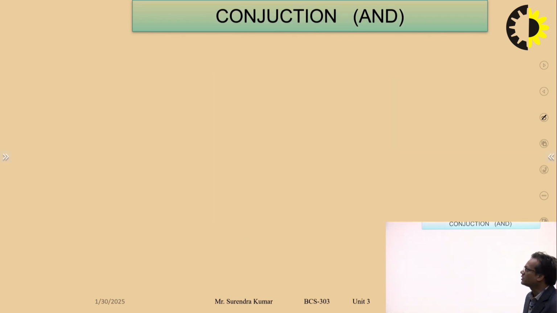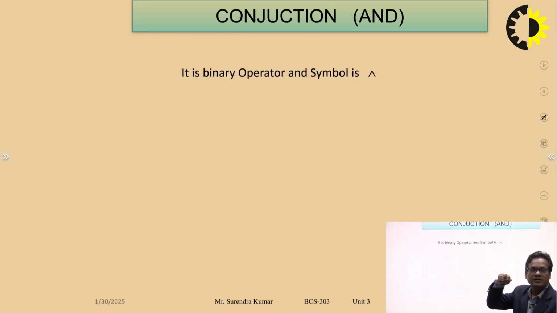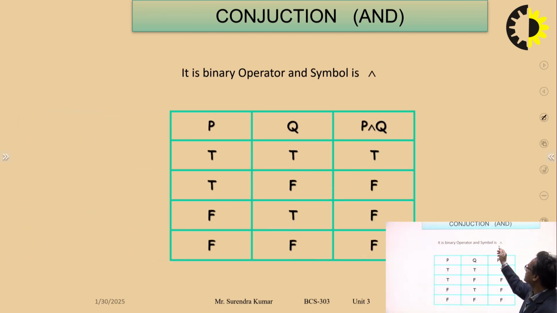If we talk about conjunction, conjunction basically is a binary operator. It works on 2 operands, and this is its symbol. The truth table for the symbol is: if both are true, it is true.